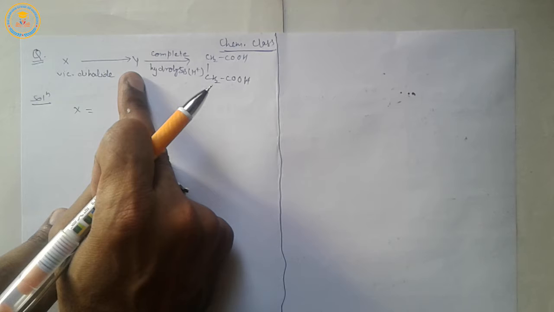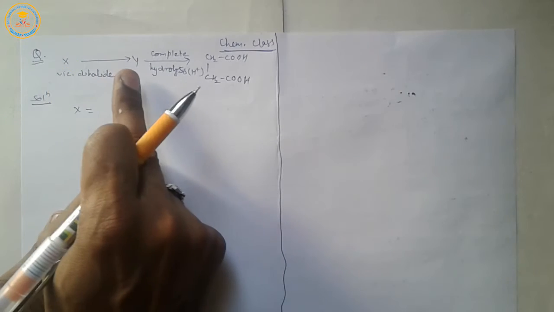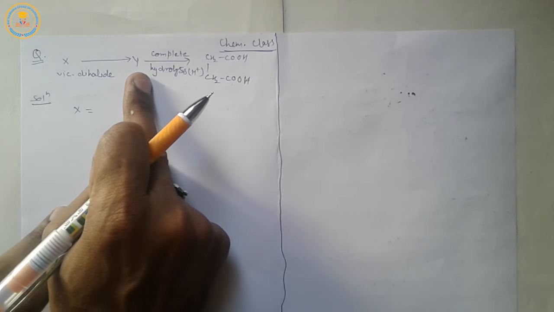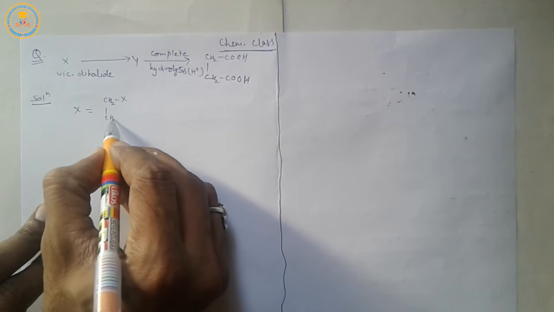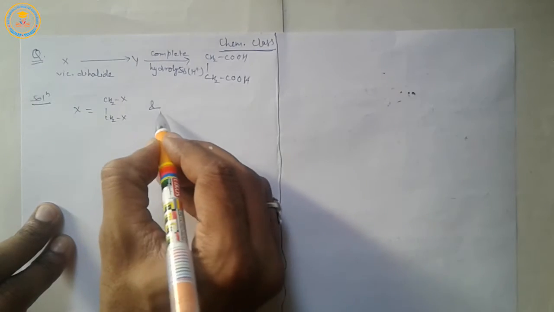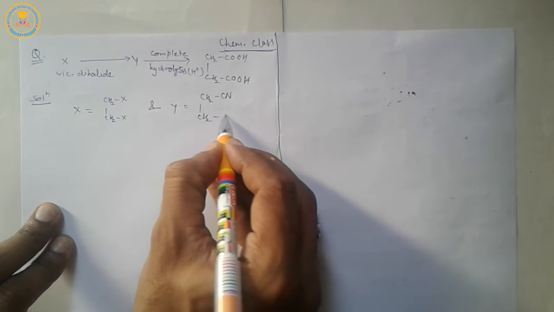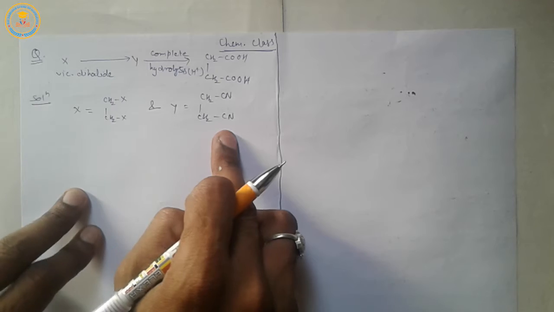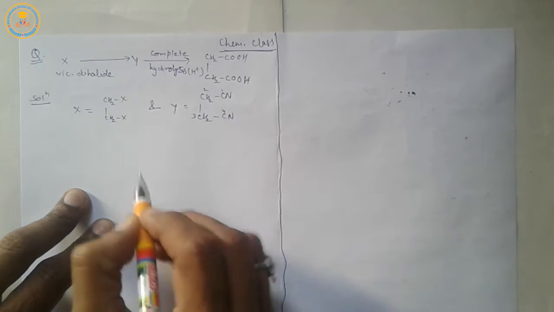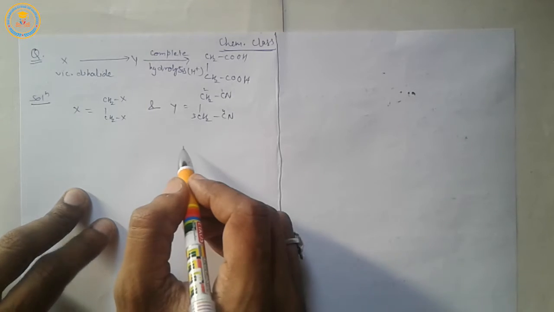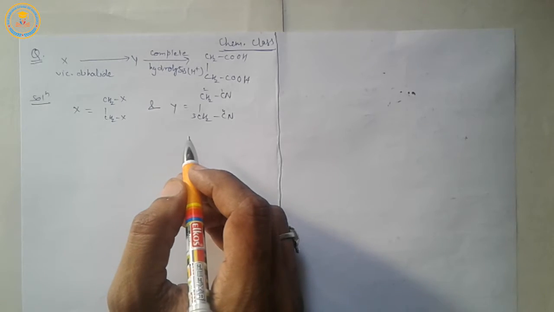So X is the vicinal dihalide and Y is the dinitrile. Its name is butane 1,4-dinitrile. I hope your answer will be right.